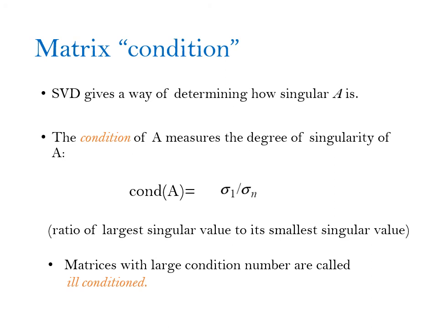The condition of A measures the degree of singularity of A. The degree of singularity is equivalent to the ratio of the largest singular value to the smallest singular value. The singular values are the diagonals. So the ratio of the largest singular value to the smallest singular value gives us the condition measure of singularity. Matrices with a large condition number are called ill-conditioned.